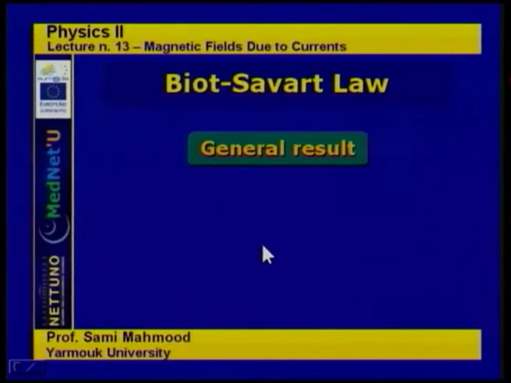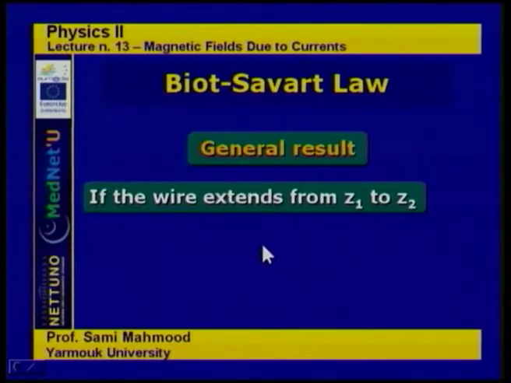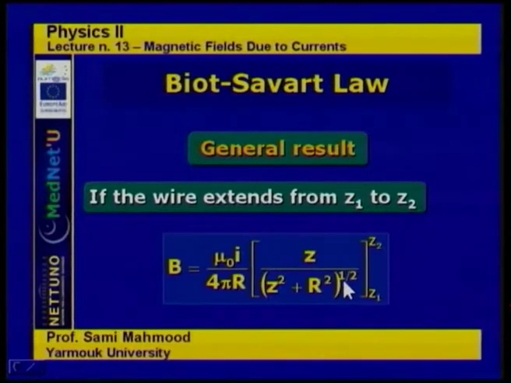And the general result is, if we consider that the wire is finite in length, extending from one end at position z1 to another end at position z2, then the same integral that we have obtained before gives B equal to mu naught I over 4 pi r times z over the square root of z square plus capital R square, but now evaluated between z1 and z2 rather than between minus infinity and plus infinity.